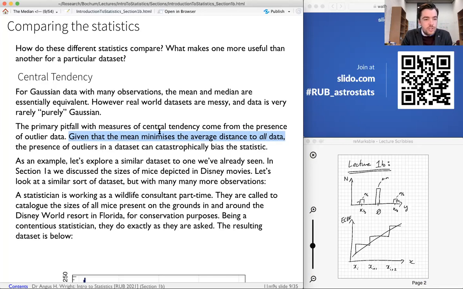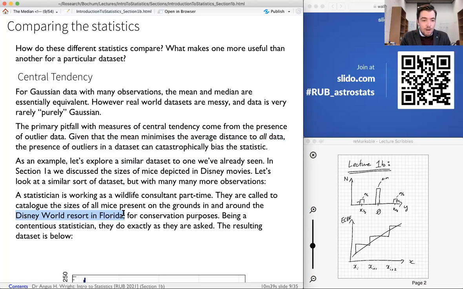So let's look through this using an example data set similar to one that we saw last week. You'll remember last week we had the data set of the average height of mice in Disney films. We're now going to look at a slightly different data set, but one that is very similar in philosophy. That is to say, we're going to look at a mock survey that's conducted in and around the Disney World Resort in Florida.